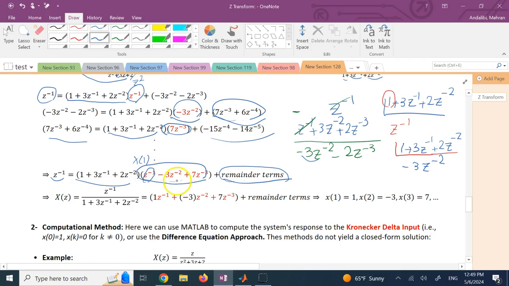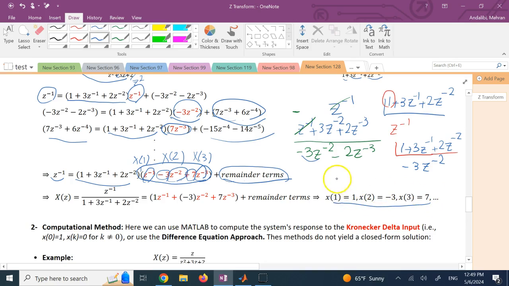The term that is multiplied by z negative 2, that is x of 2. The term that is multiplied by z negative 3, that's x of 3. So clearly here, x of 1 is 1, x of 2 is negative 3, and x of 3 is negative or positive 7. Okay, so you can find a few terms of this series.